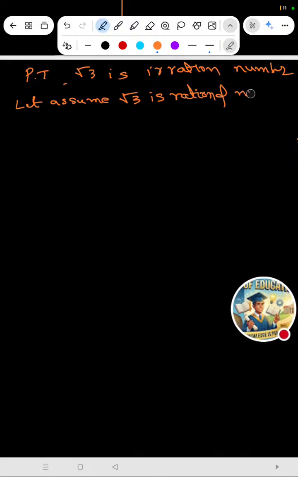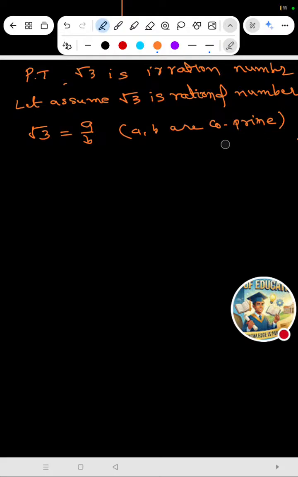So root 3 is equal to a by b, where a and b are co-prime. For co-prime, HCF is 1.